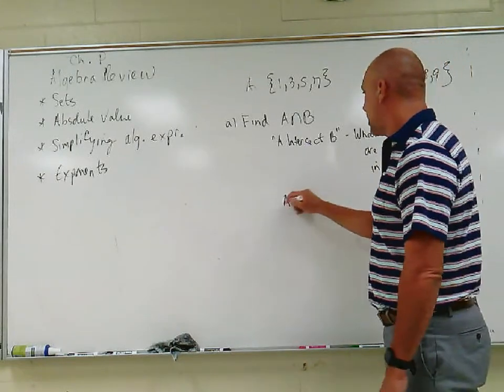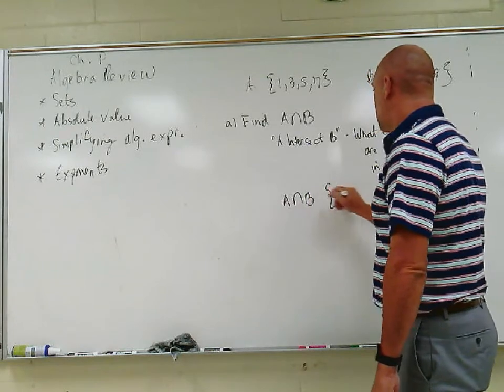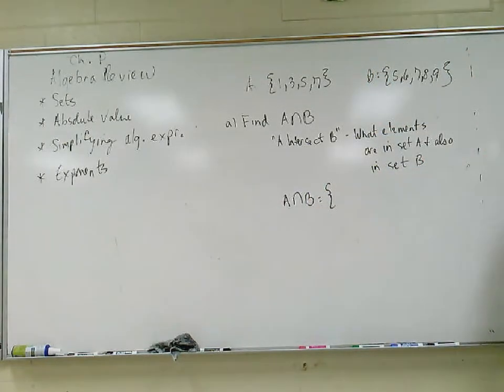When you answer that question, you put a set. So you put the braces and you list them. Of course, those elements are numbers. What numbers are in set A and also in set B? They have to be contained in each one to count.